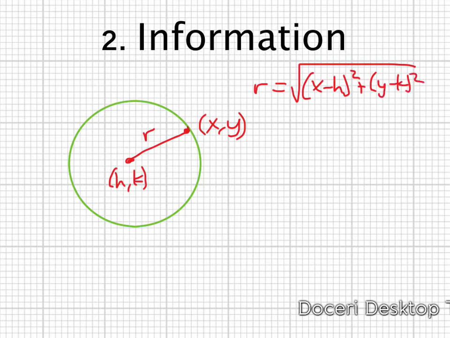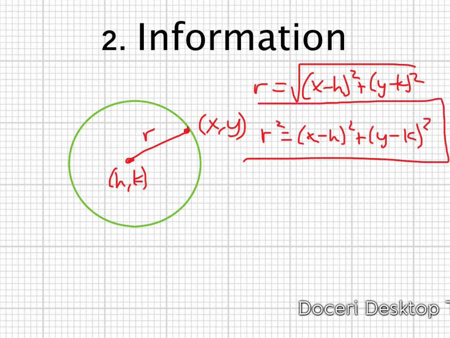Now, if I don't like that square root, I just square both sides, so I get r squared equal to x minus h squared plus y minus k squared. And this is the equation for a circle for any center and any radius. So if the center is not at the origin, which is 0, 0, then you can use h and k. So this is a circle.